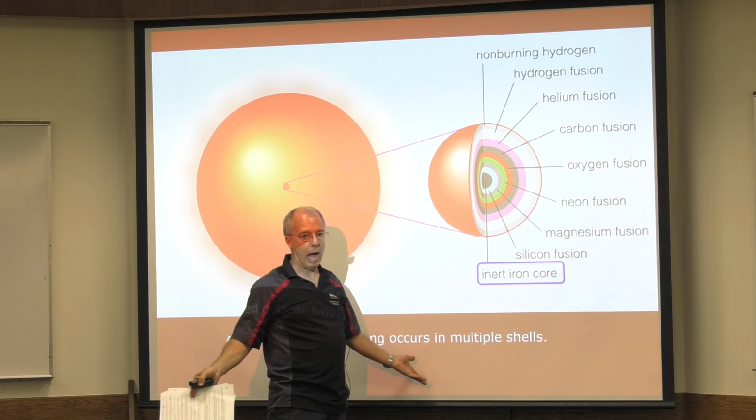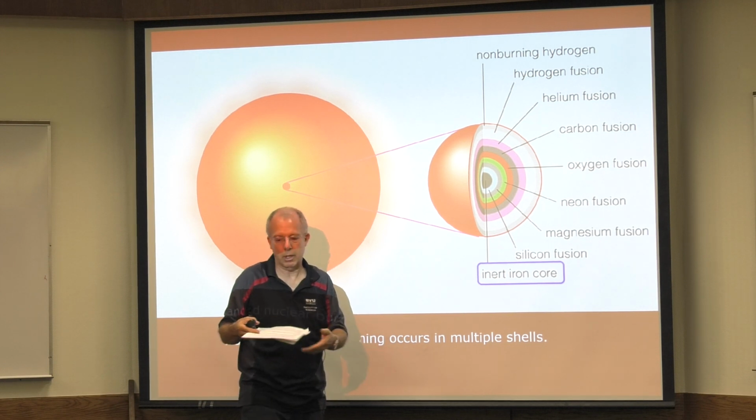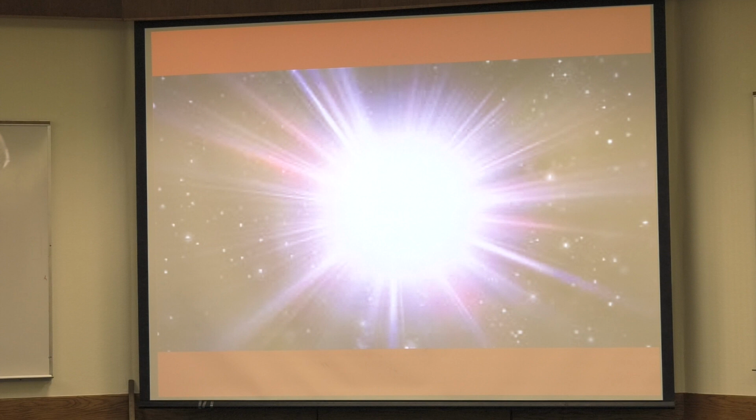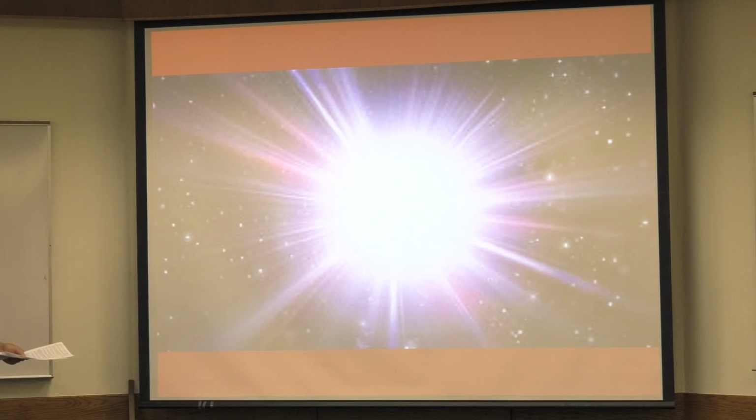So then what's going to happen? The star is going to collapse. Okay? So the star collapses, and bingo! If it's a really, really big star, you get a supernova. Okay? This is only for high mass stars. In a supernova, you either get a black hole or something called a neutron star.